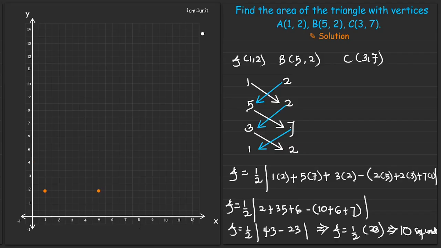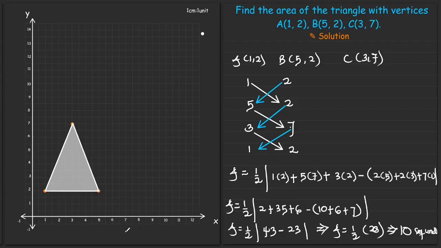And then the last point being 3, 7. The same way we come to x being 3 and we move up by 7. So this is what we have here. Now since it is a triangle, we should join these so that we would get the picture. So I'm just going to join this point to this point, and then to this one as well to form my triangle.